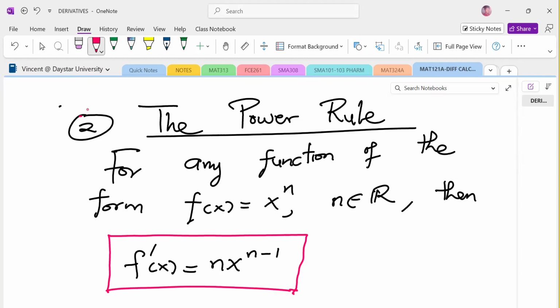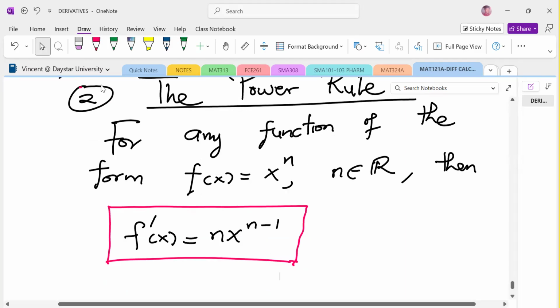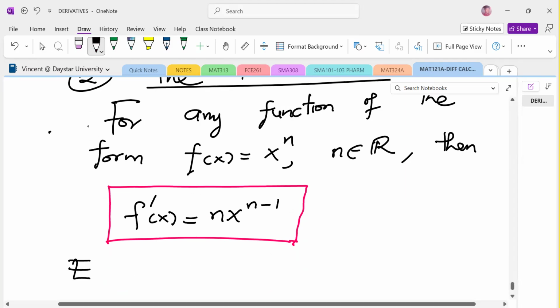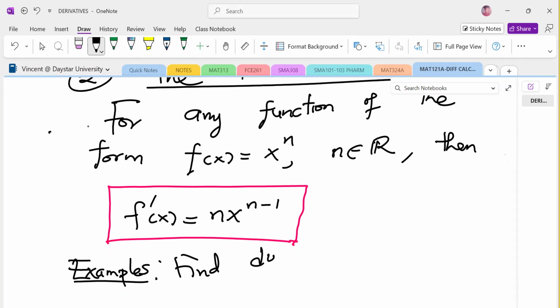So for example, consider these following functions. Find the derivatives. Remember we say dy dx is the same as f prime of x.